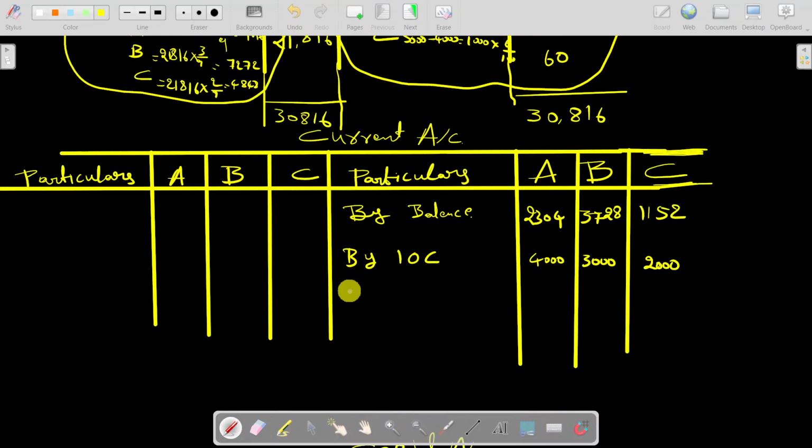And we have net profit by P&L appropriation account, net profit of 9696, 7272, 4848.